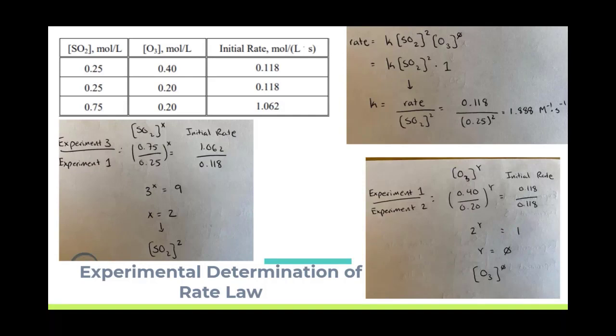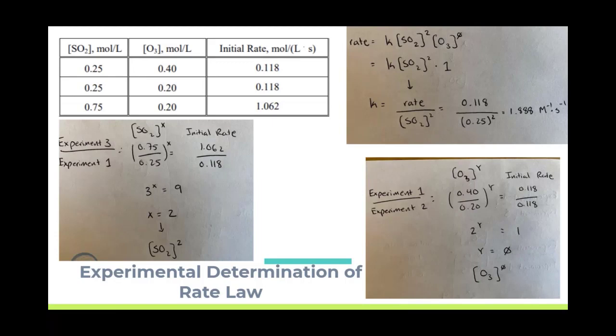If we're comparing a change in concentration for the reactant SO2, you want to have the reactant O3 be constant. Experiment 3 and 2 will do that. If you look at 3 and 2, our concentration of O3 is 0.2 and also 0.2, versus our concentration of SO2, which is 0.25 and 0.73.